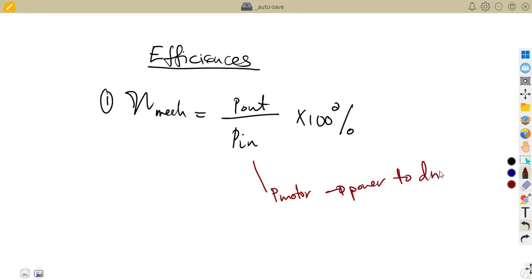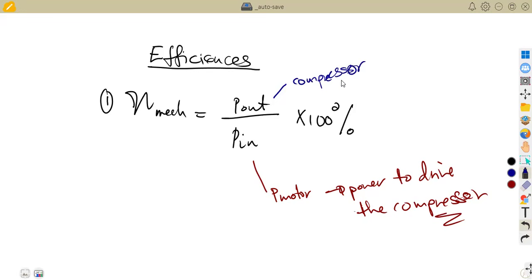And this is the output power, which is the compressor power. Whenever you talk of the compressor power, that power that you calculate using the formula P is equal to P1 VE and so on, that is your output power.